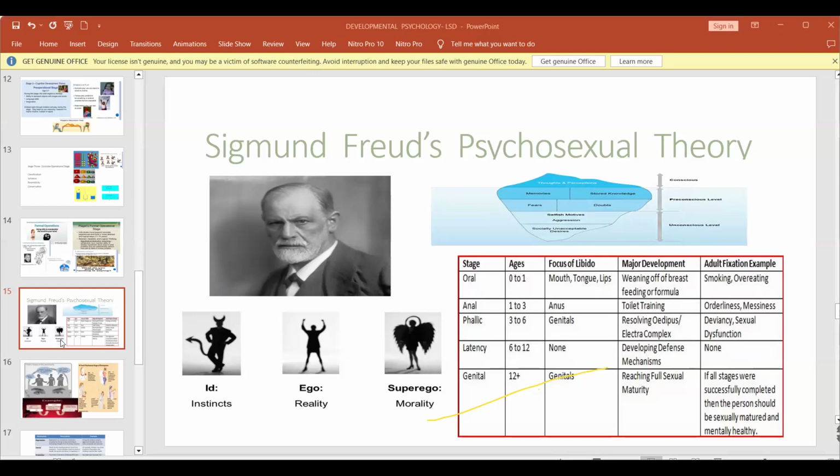The libido is focused on the anus. The most important event for the gratification and stimulation of the anus is toilet training. The child enjoys the act of passing stools because it helps the child's gratification.